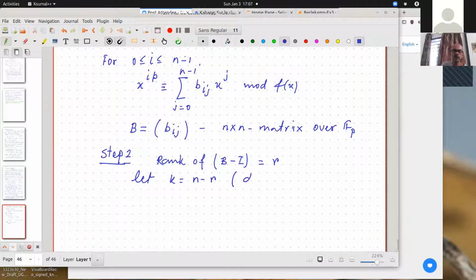So this is also the dimension of the null space of B minus I, where I is the n cross n identity matrix.